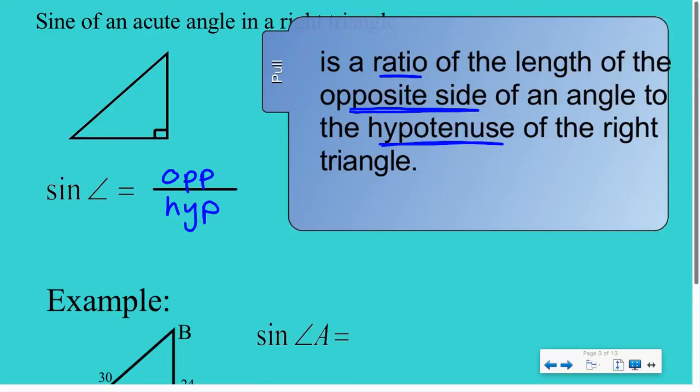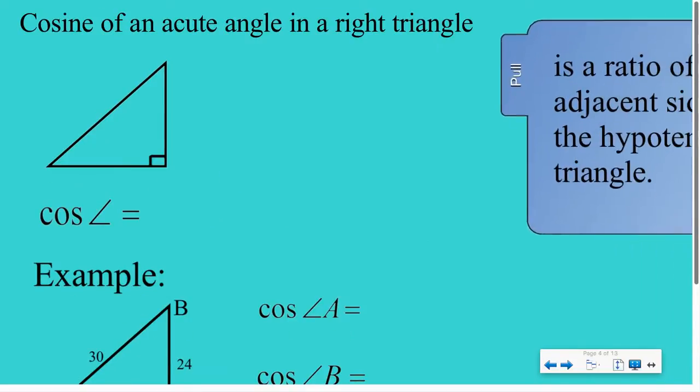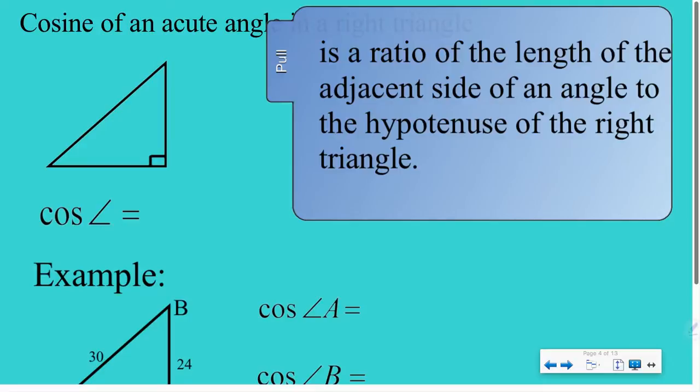Then your cosine is defined as the ratio, so the fraction, that compares the adjacent side to the hypotenuse. So over on the right side it says cosine of A equals. The cosine is the adjacent side over the hypotenuse.